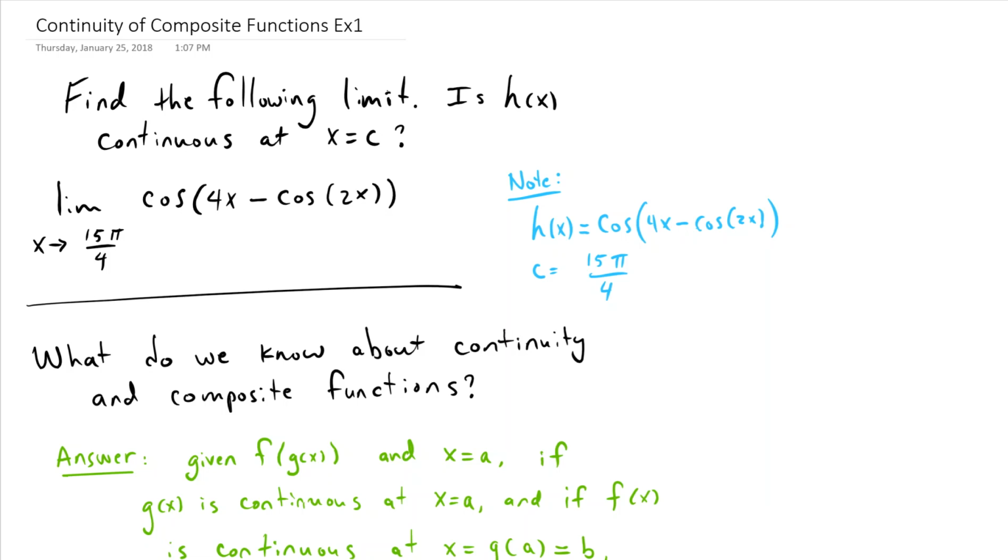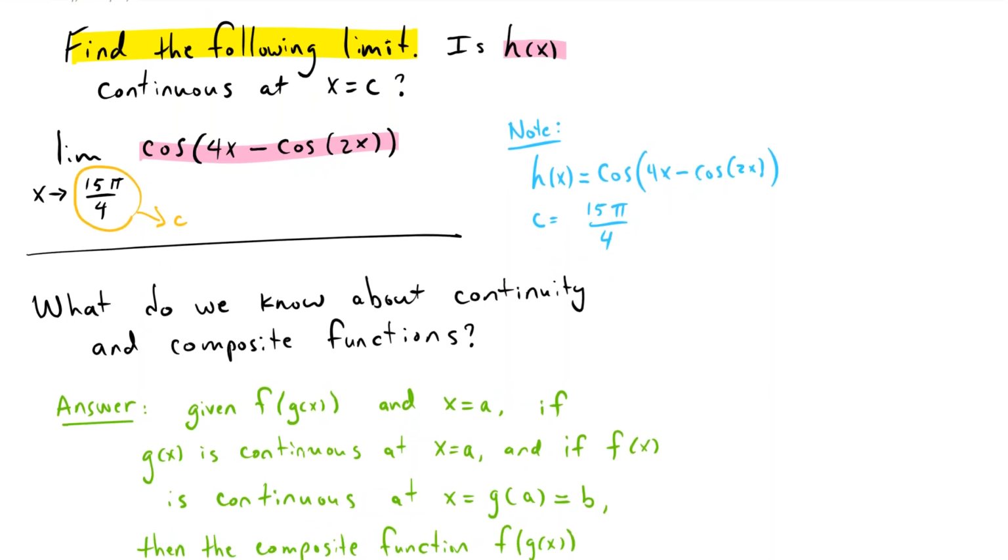So if you were asked to find the following limit, which would be right here, and then you were asked if the function being used in the limit, we'll call it h, is continuous at c. And when we say at c, really what we're saying is this value right here, which is c.